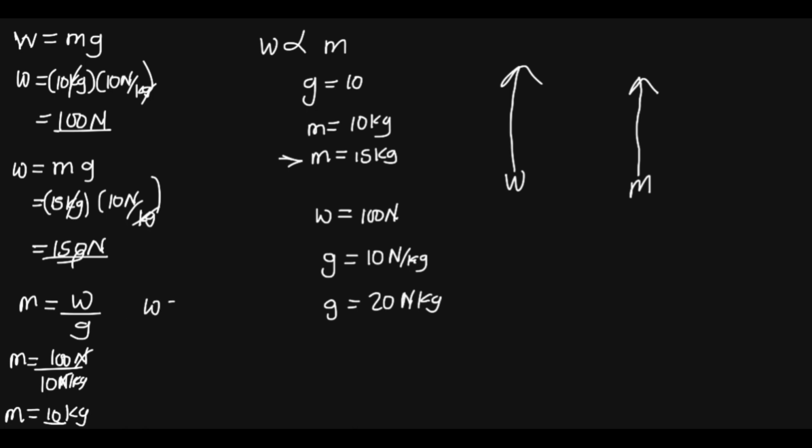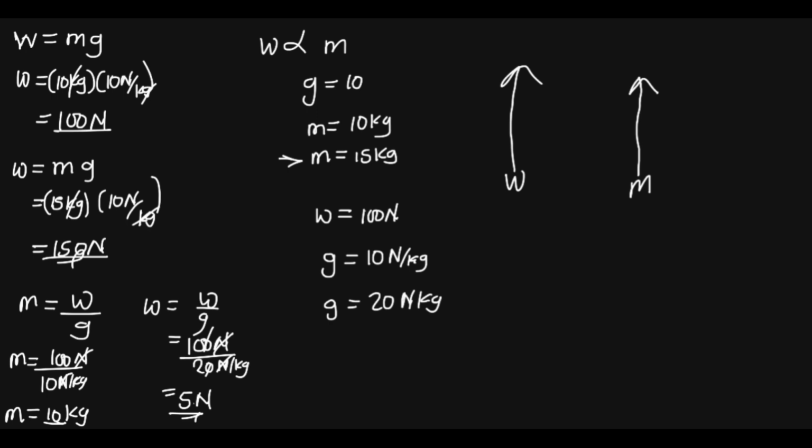Now let's find it if we change gravity to 20. We are assuming weight to be constant. So mass is equal to 100 newtons over 20 newtons per kg. So we can cancel the newtons. 100 divided by 20 is 5, so it's 5 kg. So you can see that when gravity was 10, the mass is 10 kg.